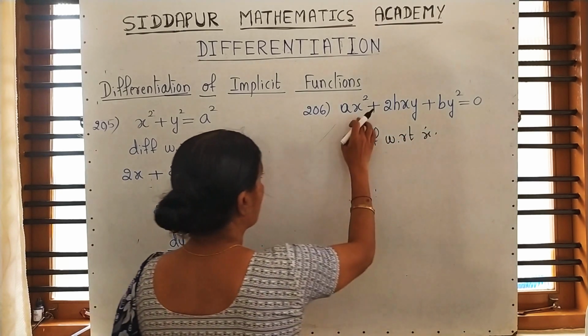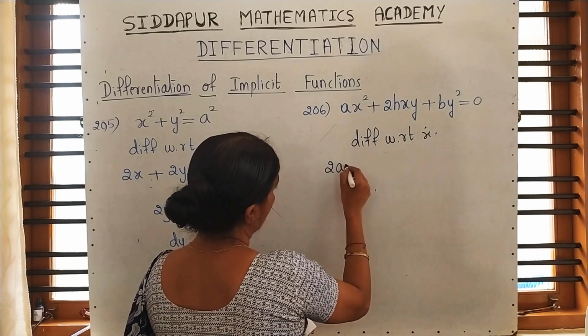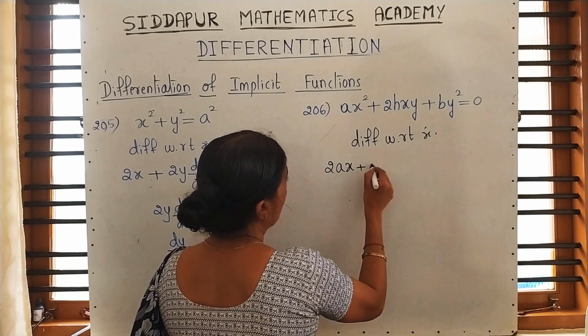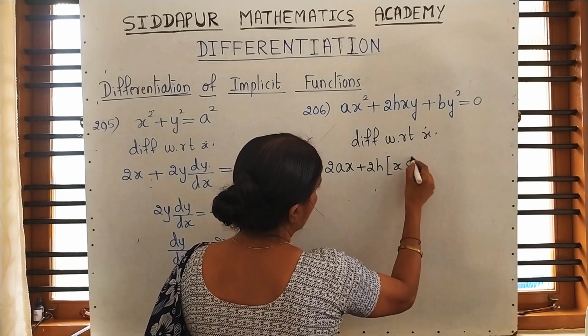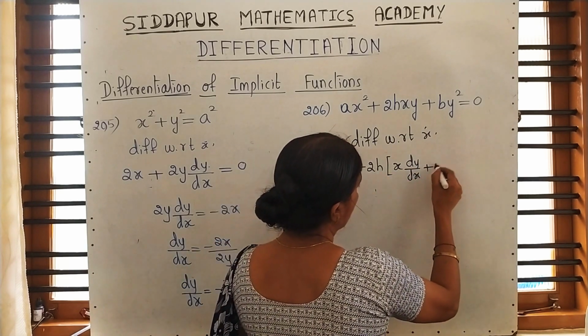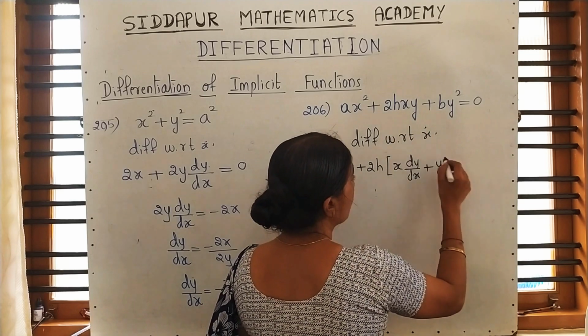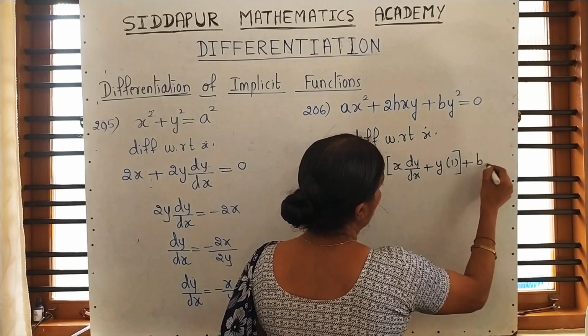What is the differentiation of x square? That is 2x, that is 2ax. Plus 2h is a constant in the bracket, u into v. X into differentiation of y is dy upon dx, plus y into differentiation of x with respect to x is 1, plus b constant.